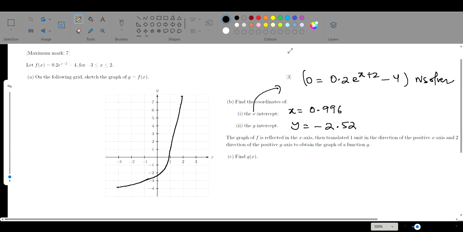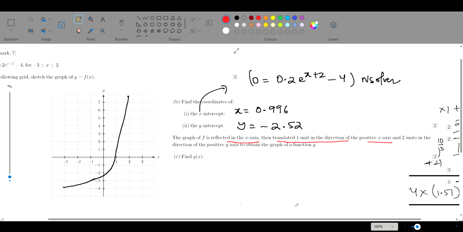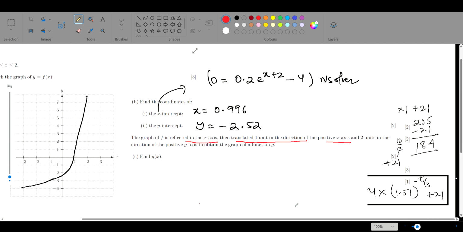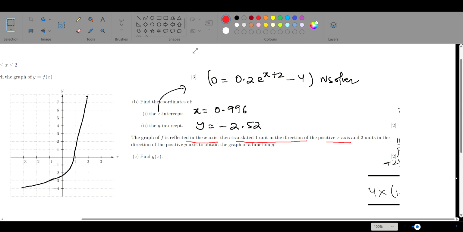Now it is transformed. This graph f is reflected in the x-axis and then translated 1 unit in the positive x direction and 2 units in the direction of the positive y-axis. So lots of transformations are happening over here.